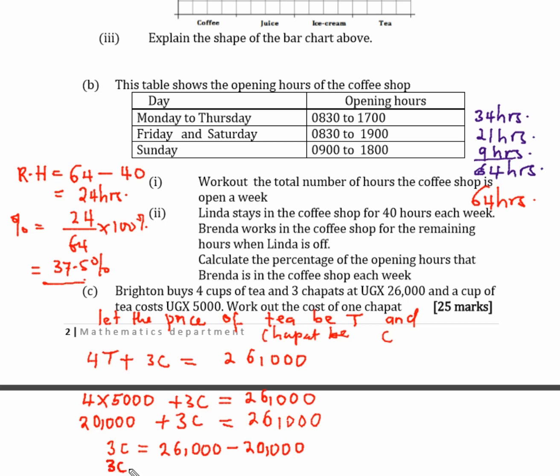So 3C is equal to 6,000 Ugandan shillings, implying that C is equal to 6,000 Ugandan shillings divided by 3, and C is equal to 2,000 Ugandan shillings, implying that C is equal to UGX 2,000 Ugandan shillings.